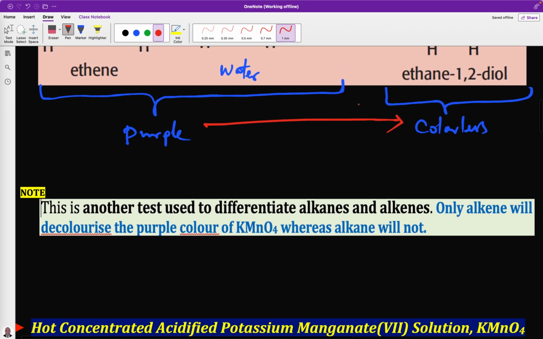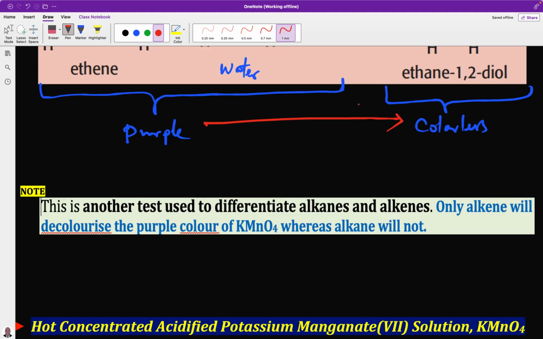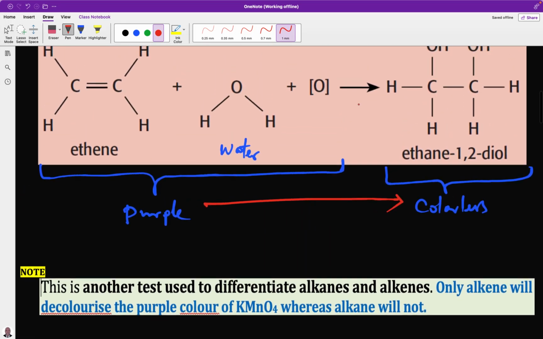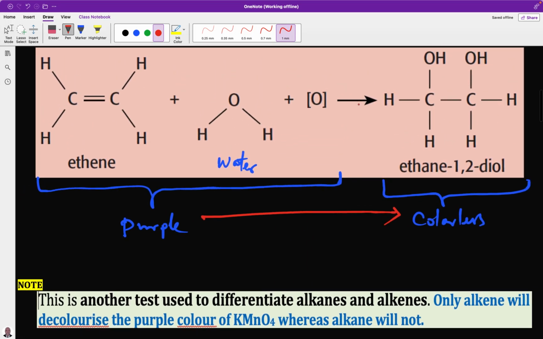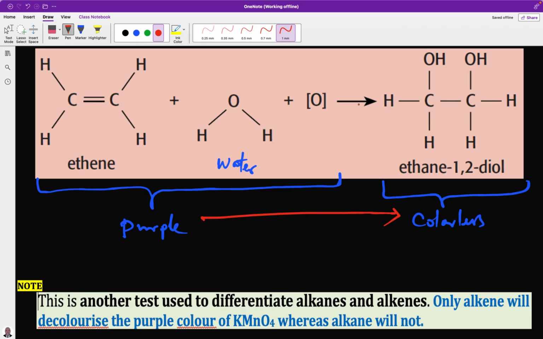You should know that this is another test that can be used to differentiate between alkanes and alkenes. Only alkenes will decolorize the purple color of acidified potassium manganate 7, but alkanes will not do that.